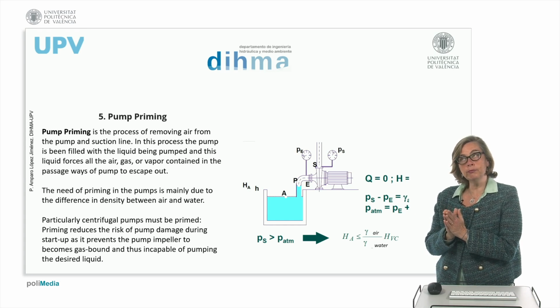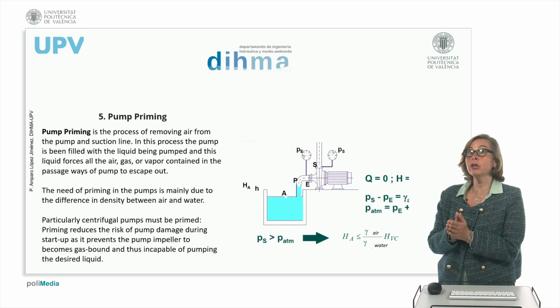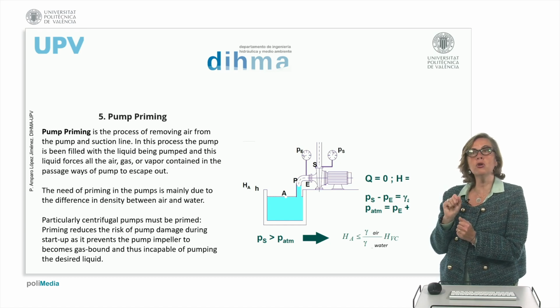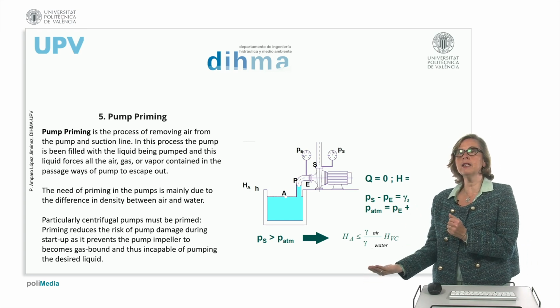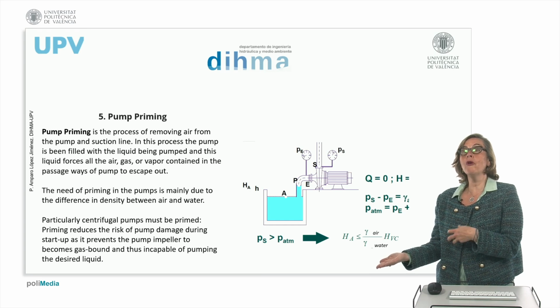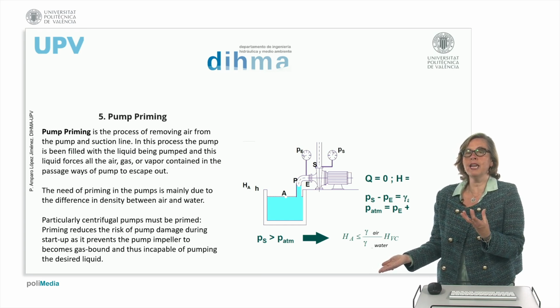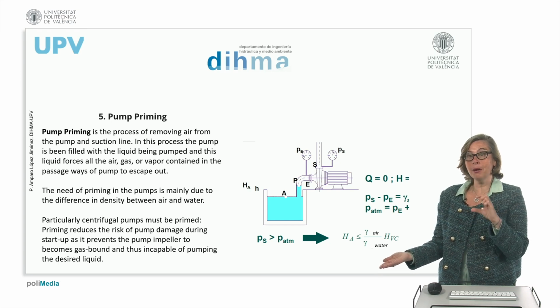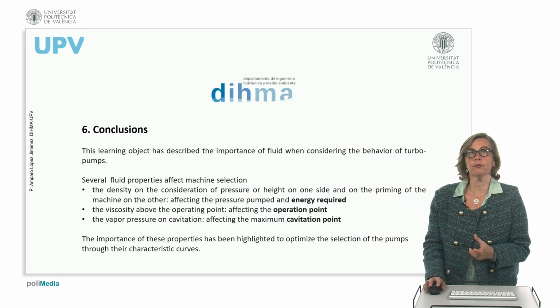The property of density affects pump priming very much, because if we have air, which has a different density, the pump doesn't behave as it should. So we must always ensure that we have, like here, some head of water in order to avoid the possibility of air at the beginning of the movement of the flow.